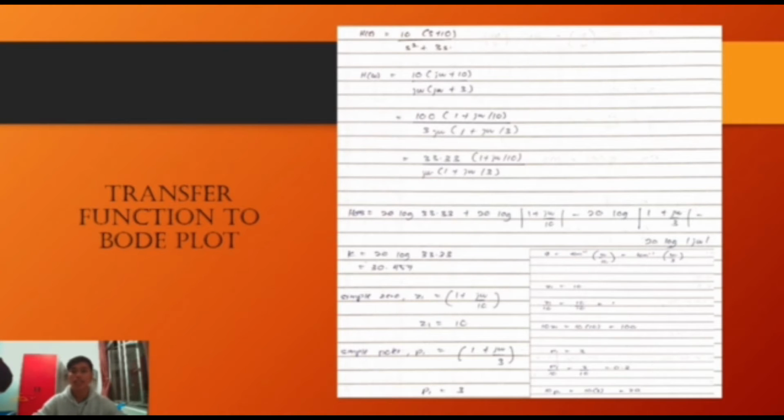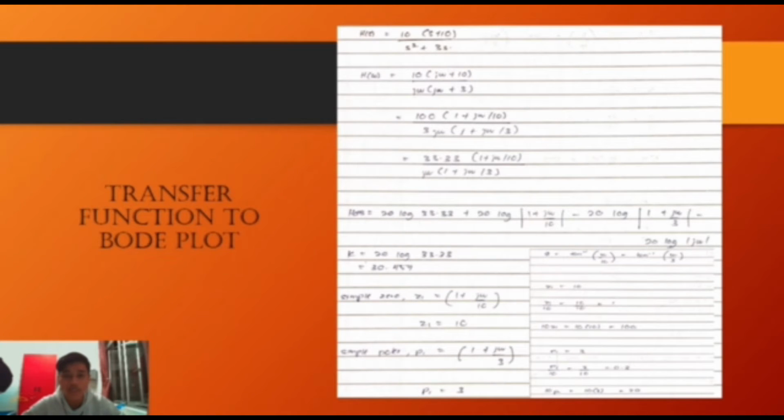So here I have an equation of a transfer function. The transfer function is 10 times (s plus 10) over (s squared plus 3s). If you want to convert it to standard form, you just need to substitute s with j omega.